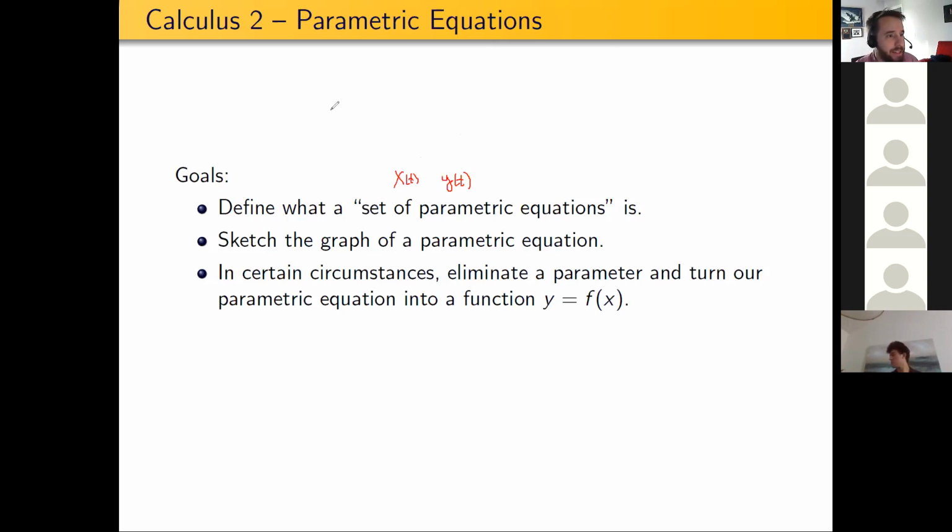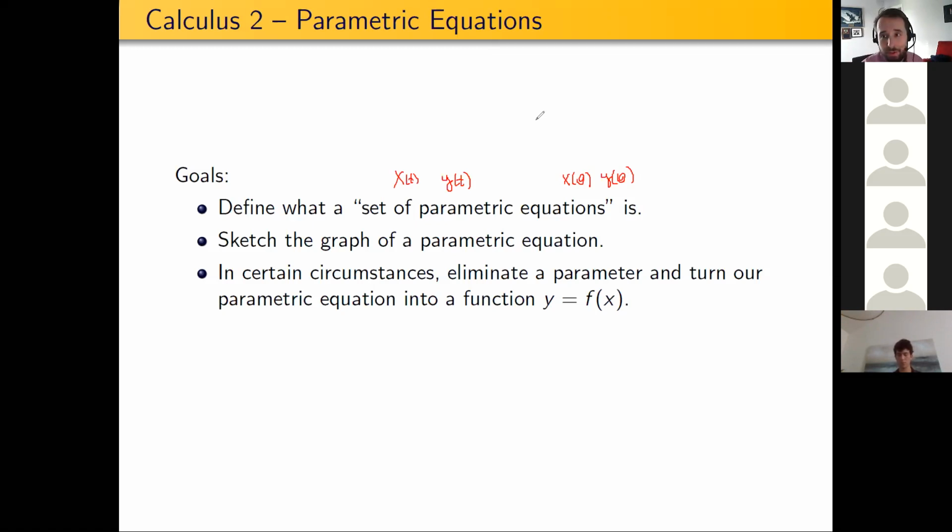It does not have to be a t. We saw an example in the videos where it was an x of theta and a y of theta. It could really be any additional symbol that we could use as a parameter, but classically we tend to use t. When we use t, we tend to think of that parameter as representing time.